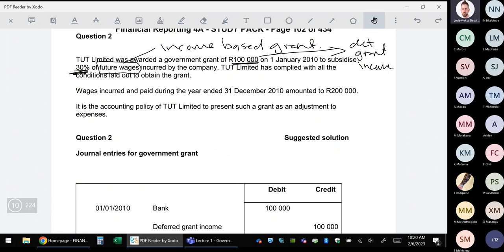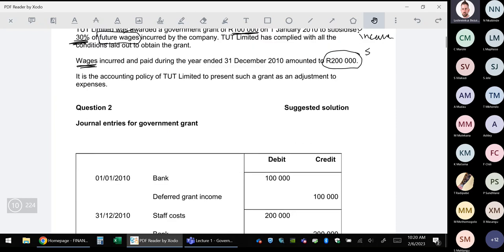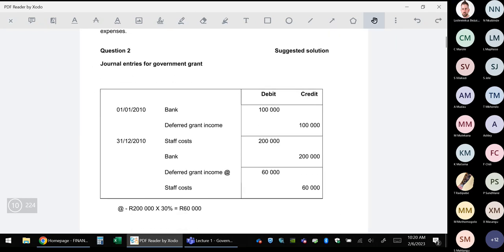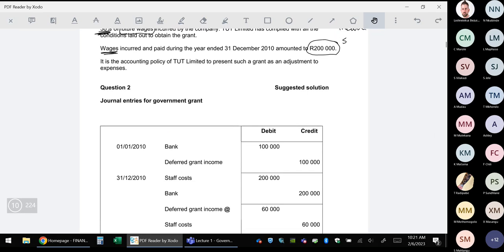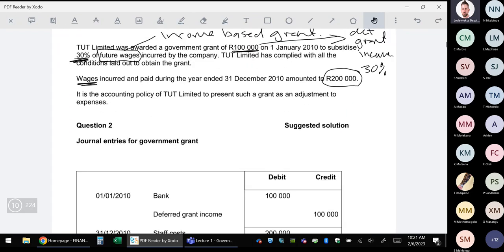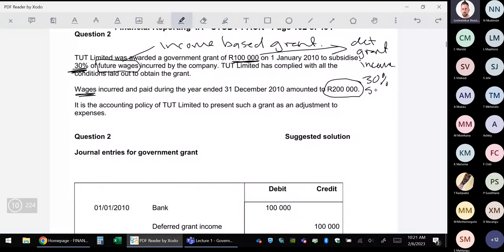So for the current year, salaries or wages incurred was 200,000. So 30% of that will be subsidized.